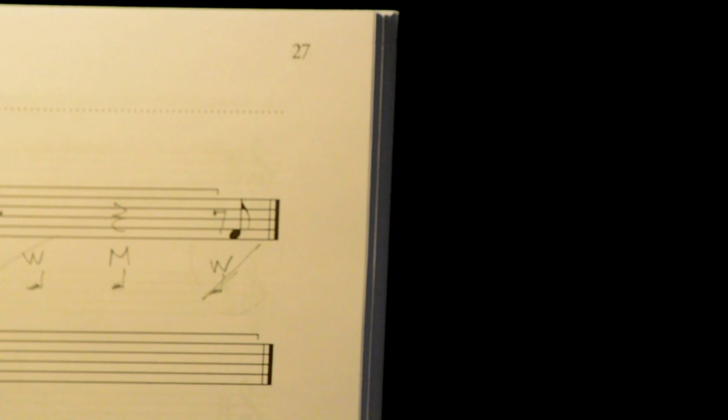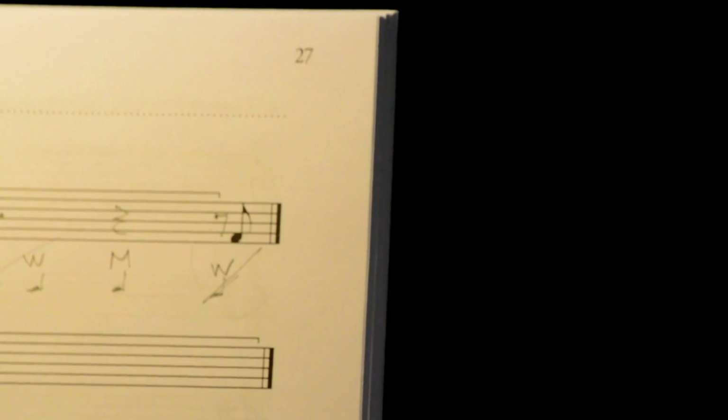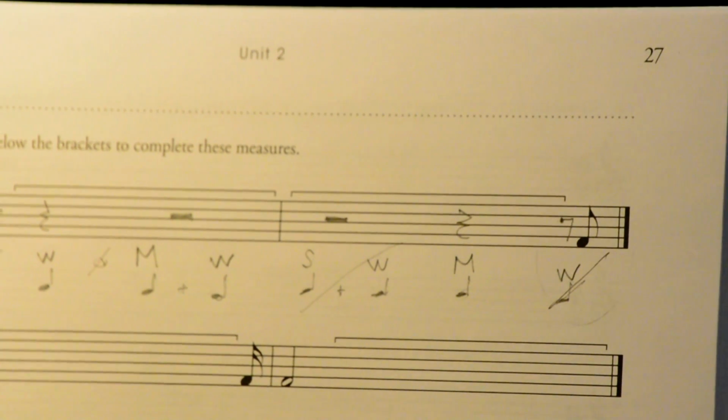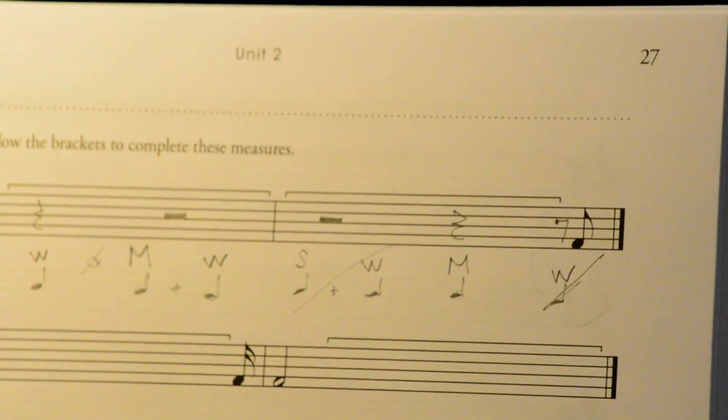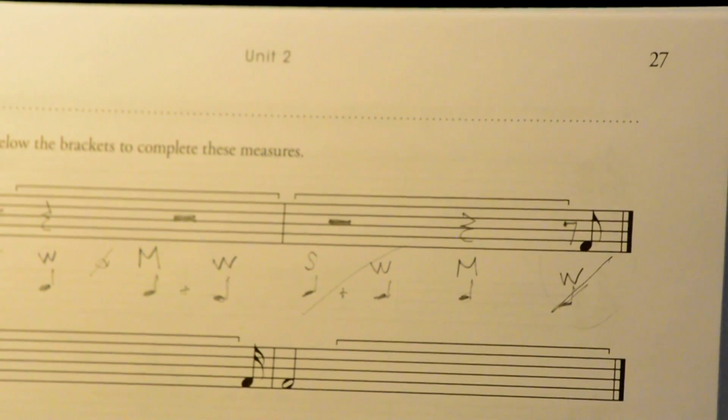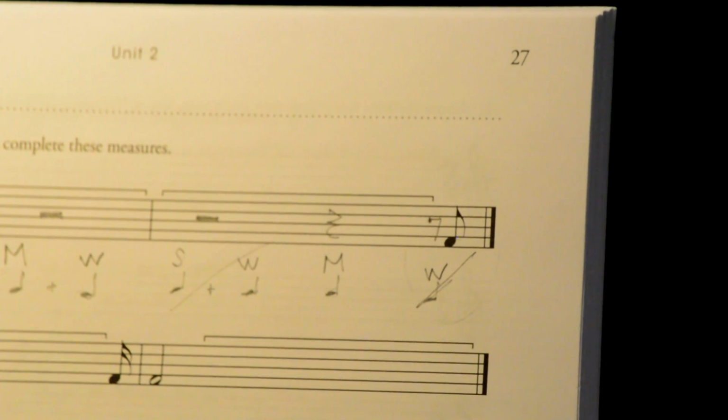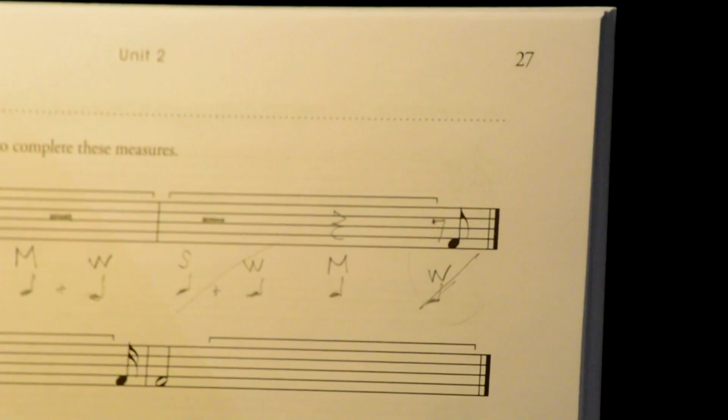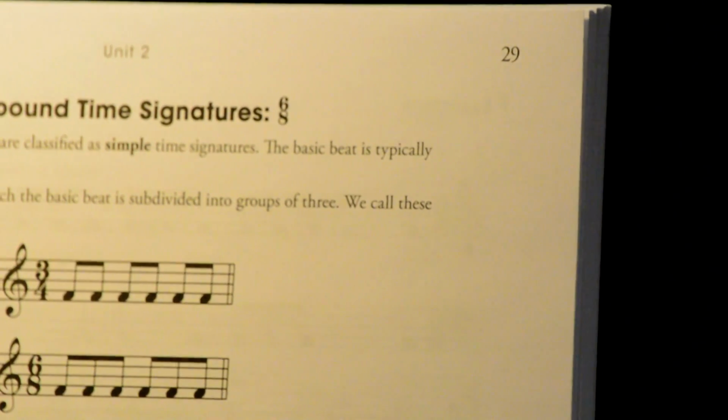Well, I'm going to say the general rule in simple time is that you cannot dot any rest. So remember that, no dots allowed on rests. Of course, you'll see dots on notes, but do not ever do that with the rests. And so hopefully that will help you as you get going through all of these.